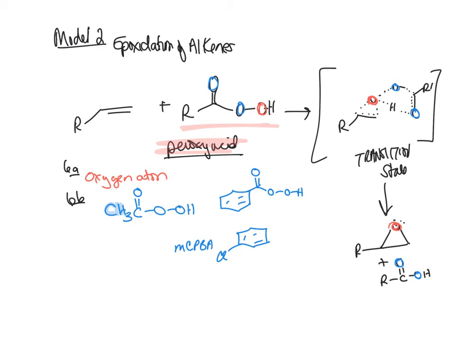So, metachloroperbenzoic acid. You can think of that as MCPBA. Okay, so those are some examples of peroxy acids, and you'd have to recognize that. In the presence of an alkene, you're going to get an epoxide.